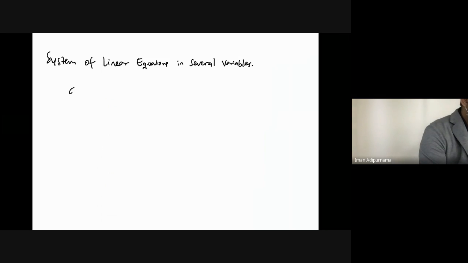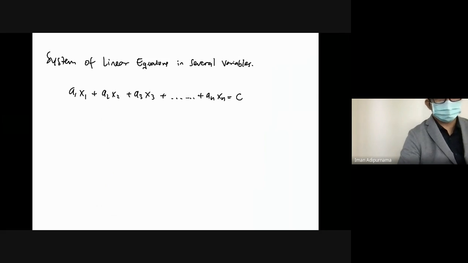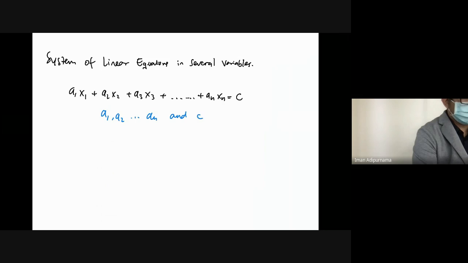We can write the system like that, where a1, a2, up to an, and c are all real numbers, and x1, x2 and so on are our variables.